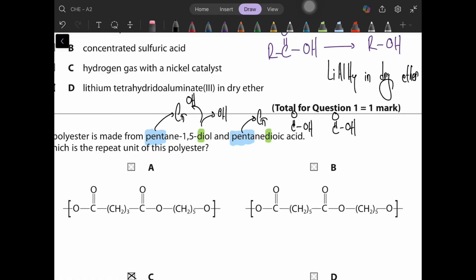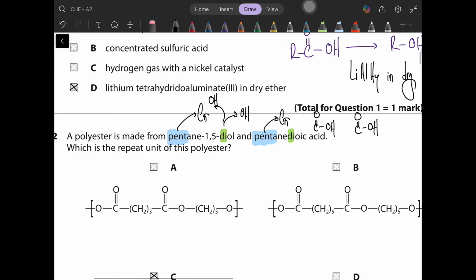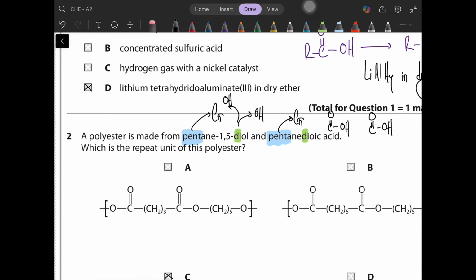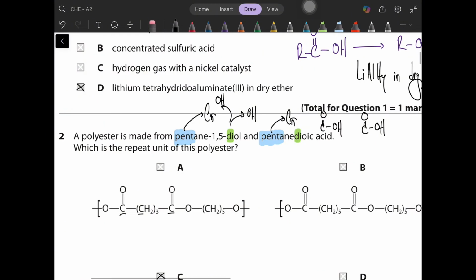So these alcohols and these carboxylic acids combine together in a condensation reaction to form a polyester. So let's identify the one that has 5 carbons: 3, 4, 5. Okay, 5 carbons. We have 5 carbons here, and we also have 5 carbons over here as well.